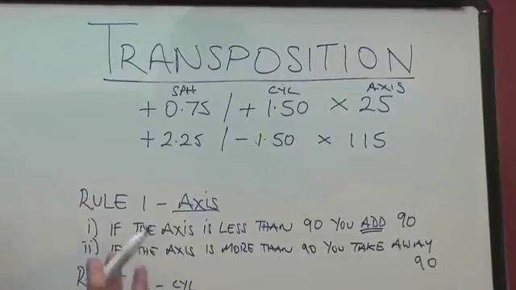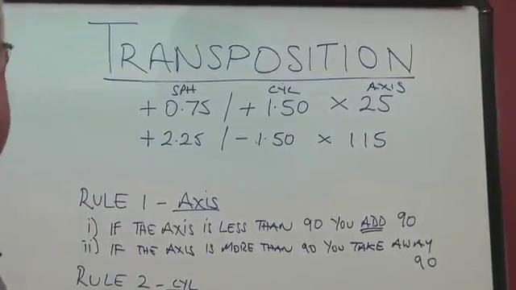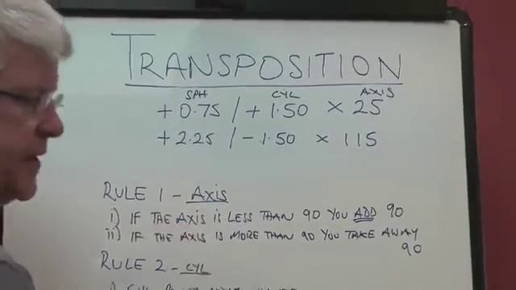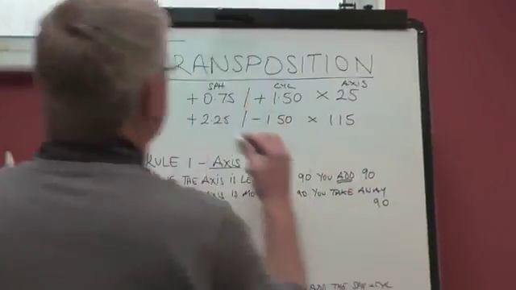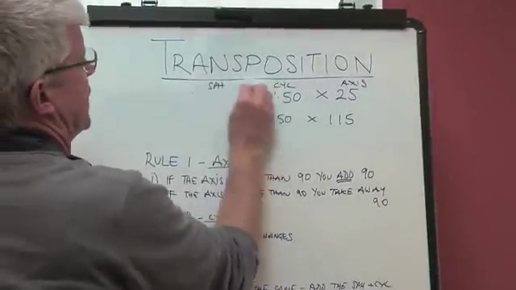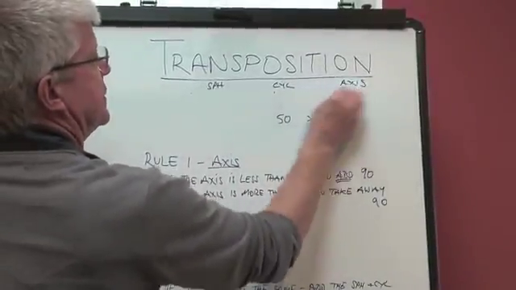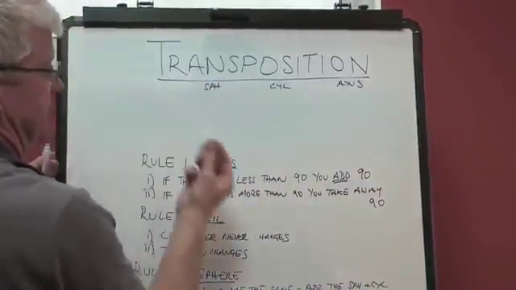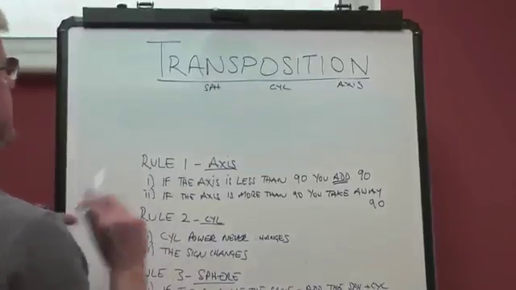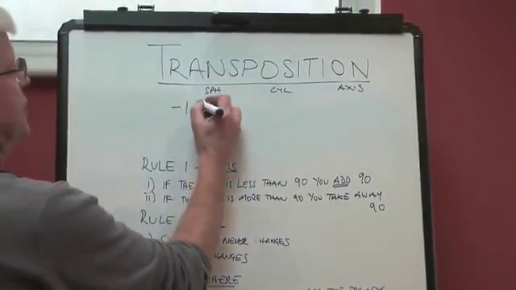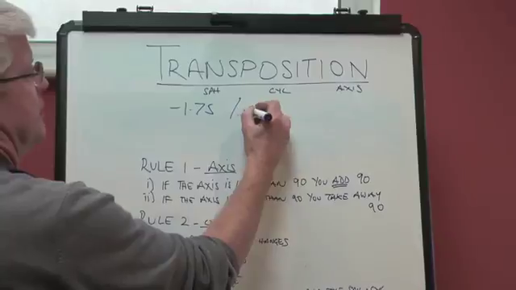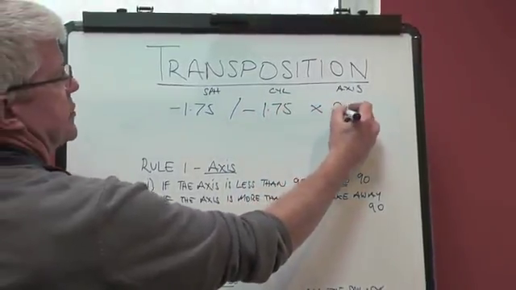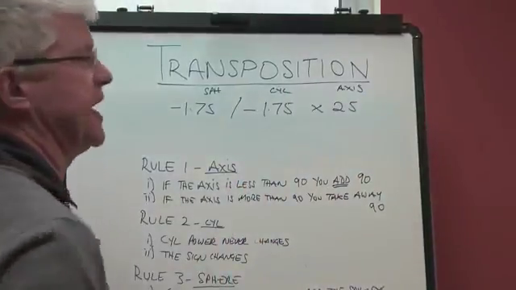So those are the rules that apply in every single case when you want to do transposition. We'll do a couple of other examples, and let's just do a couple of minus powers. Then we'll use the rule to show how it works all the time. So let's say we've got a minus 1.75, minus 1.75, axis 25, and we want to transpose that.